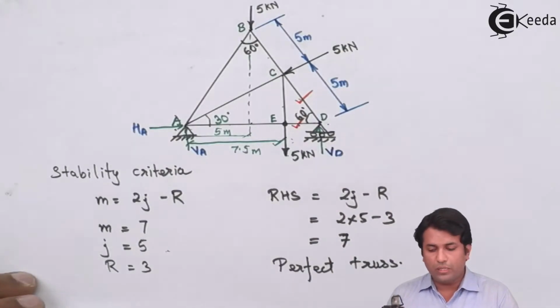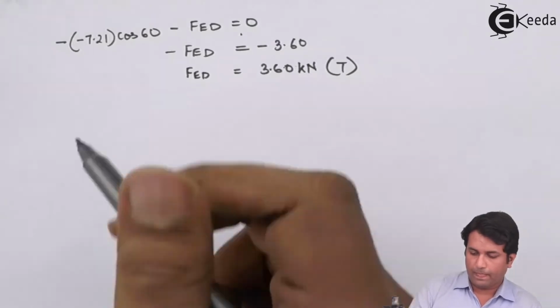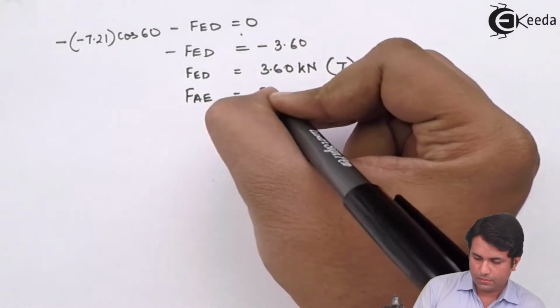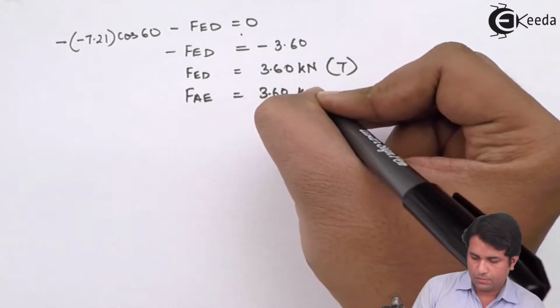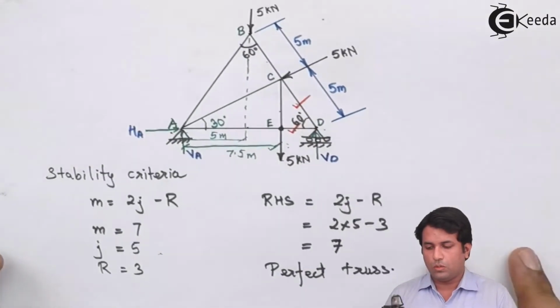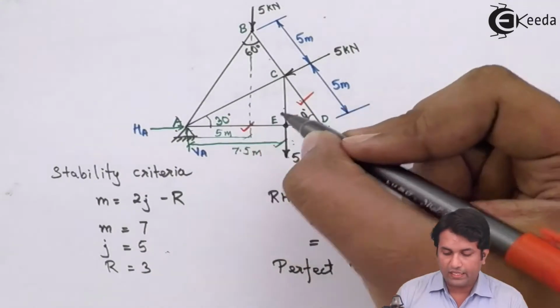So I can conclude that the force in member AE is the same as the force in member ED. So this is how I have already calculated the force in member AE as well.